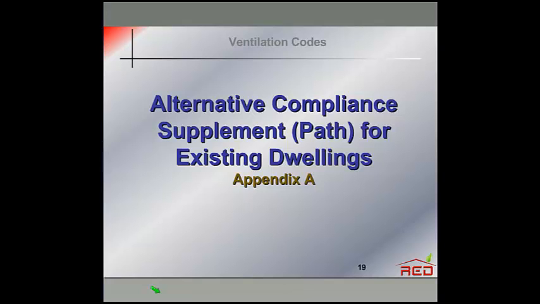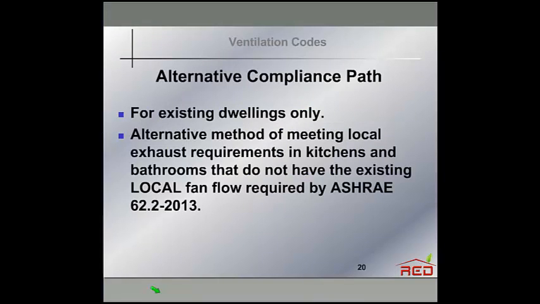If you want to find it in the standard, it's Appendix A. It's for existing homes only, and the primary objective behind it is to make the standard less expensive without sacrificing air quality for existing homes. For example, in the state of Maine, in the low-income weatherization program, it'd be pretty tough if you had to install a range hood in every kitchen. Very expensive.